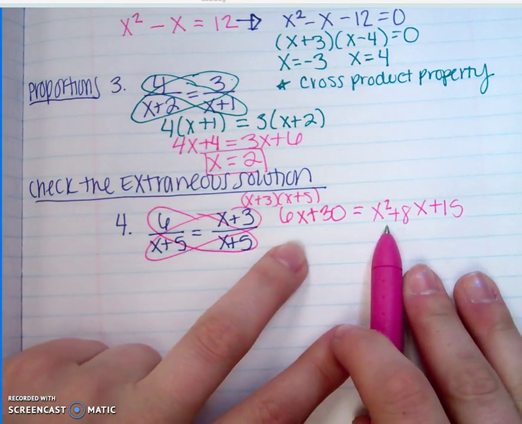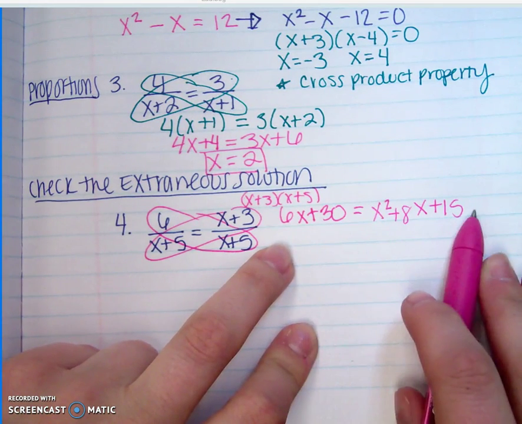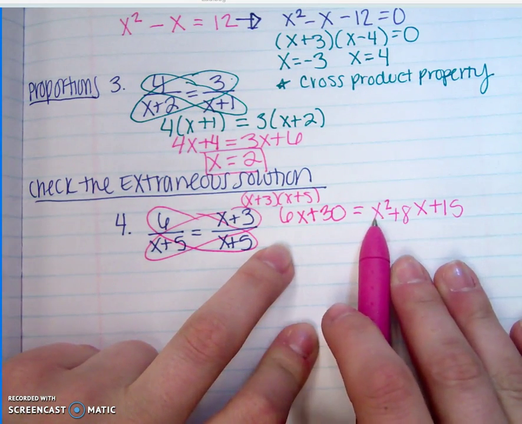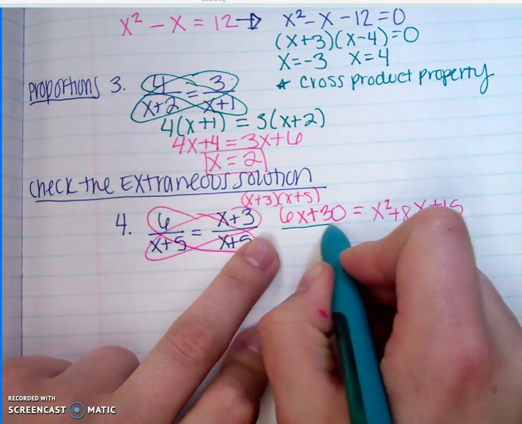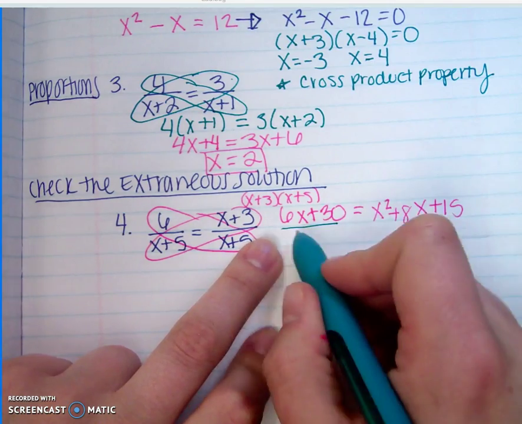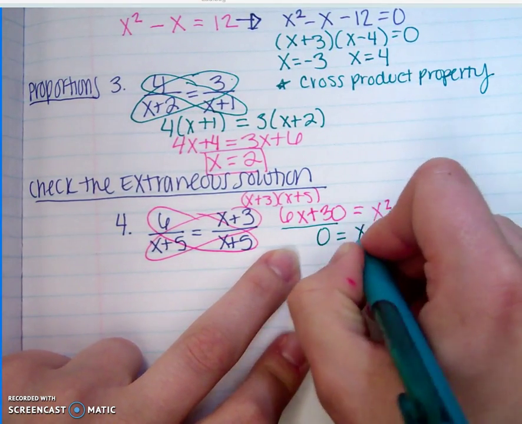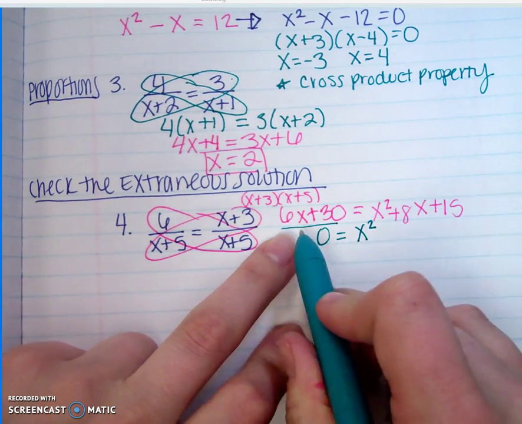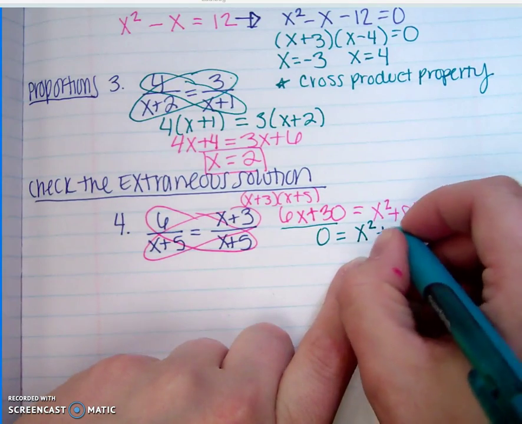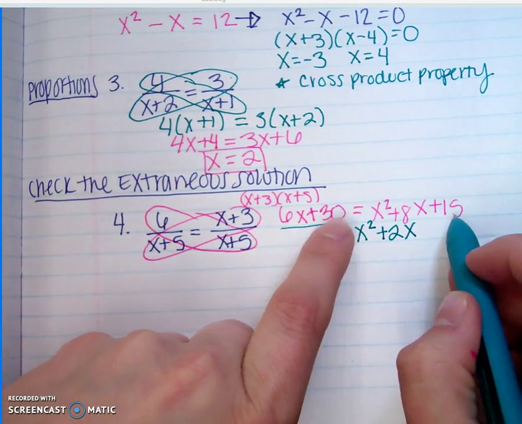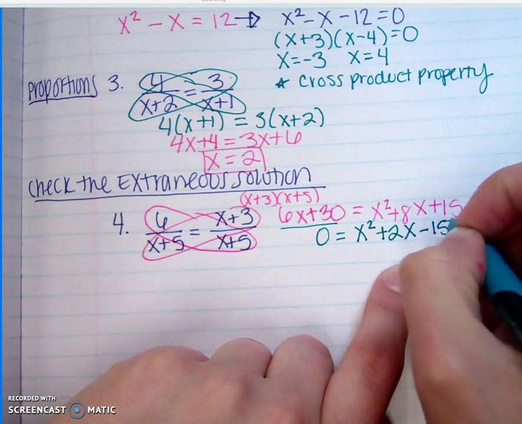And I see that's squared, so I know I'm going to have to factor here somewhere. I can't move this all to the left, that would make my x squared a negative, and I can't have that. So I'm going to move the 6x minus 30 to the right by subtracting. Okay, 0 equals x squared, I have 8x, bring this over by subtracting, so I'm left with plus 2x. 15, bring it over by subtracting 30, I'm left with negative 15.